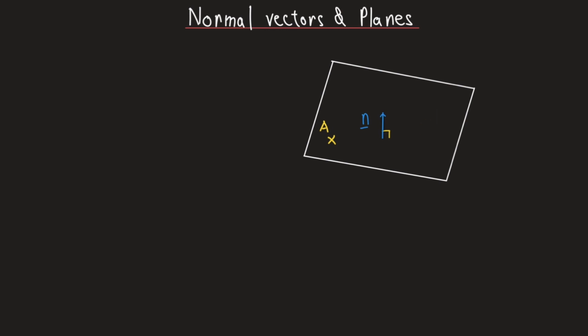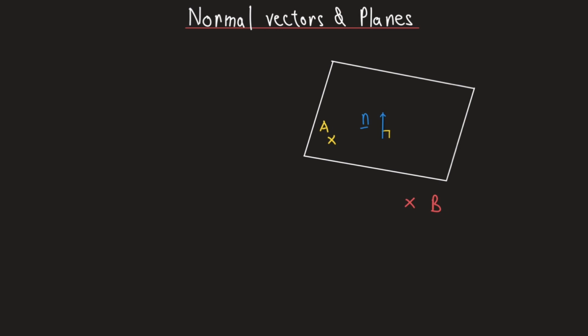In other words, any point on the plane can be described by the normal vector and that point. To prove this, let's consider any point in 3D space, which we will call B. So this point can be anywhere in space. It can either be on the plane or outside of the plane. But what are the conditions for a point B to lie on our plane?